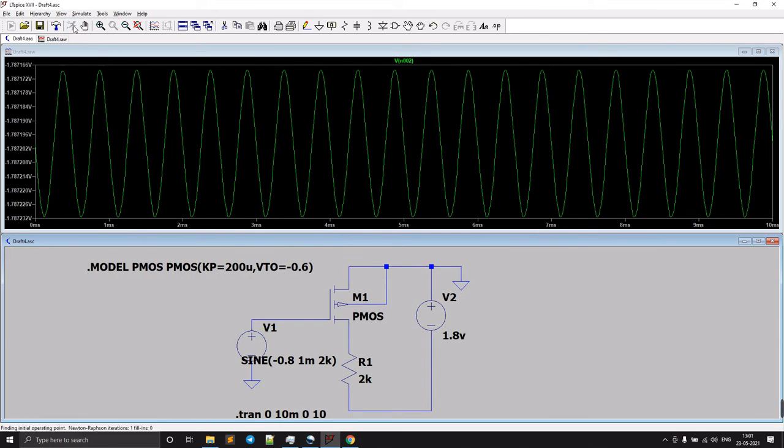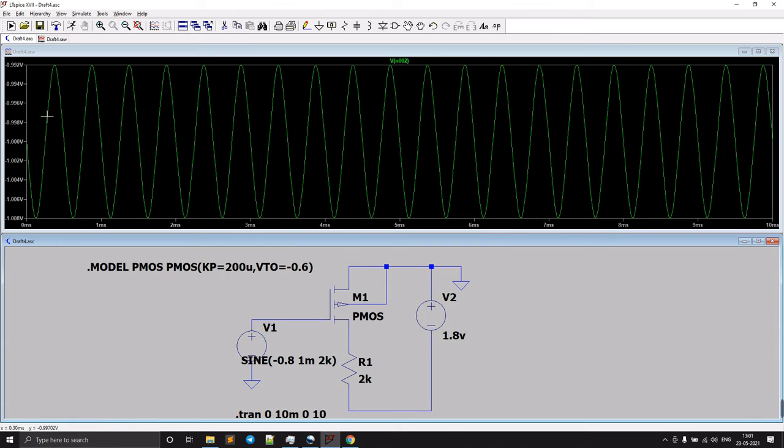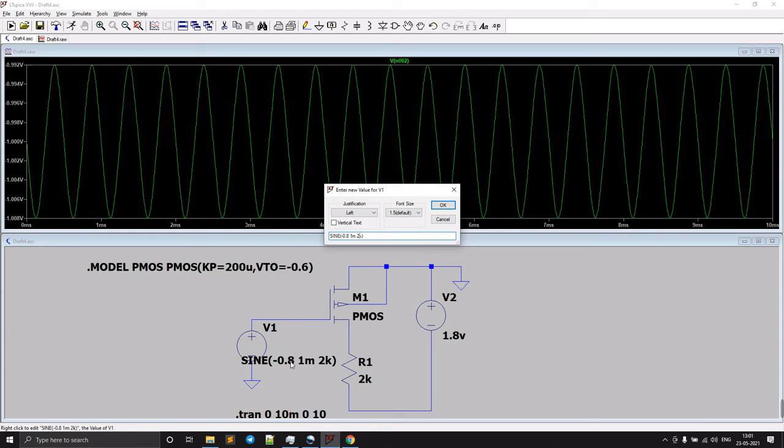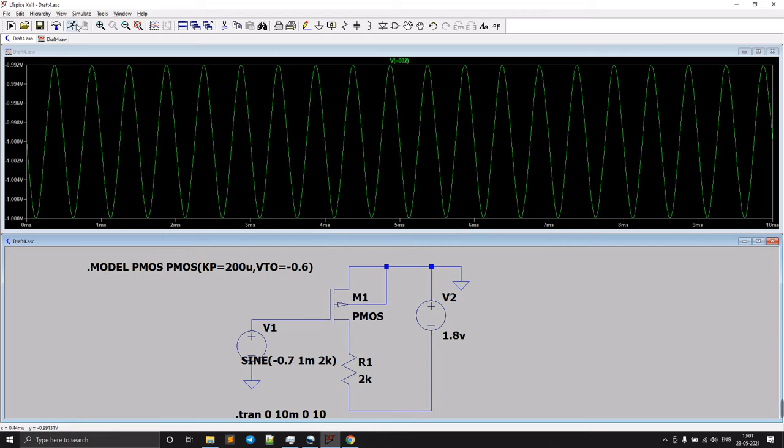Now if we run this, okay, this is a little bit from 1 volt to some 992 millivolt. That means we are getting around 8 millivolt of gain. We can even increase this. So we will try changing this from 0.8 to 0.7, and check it.